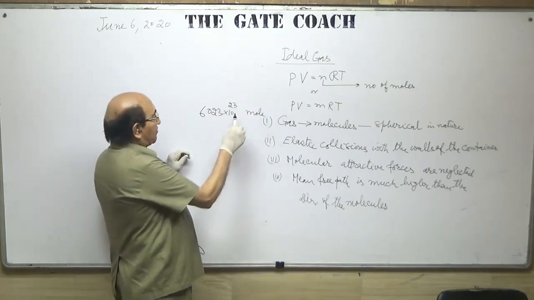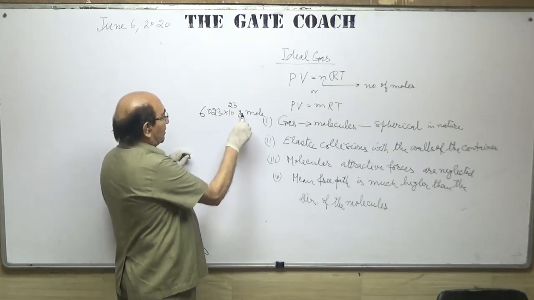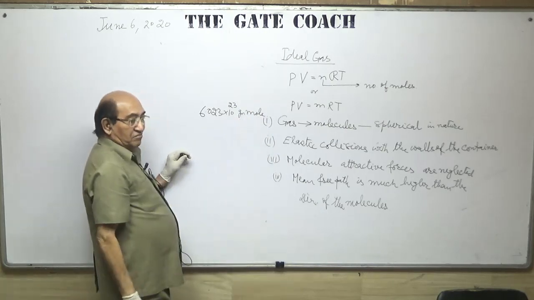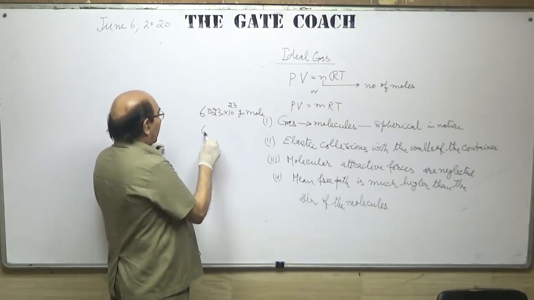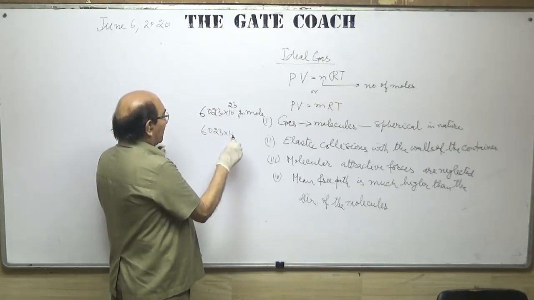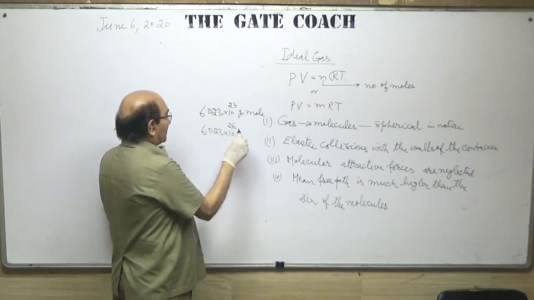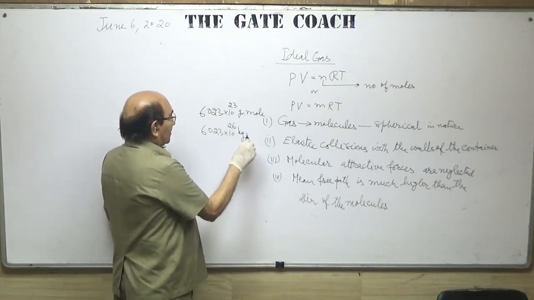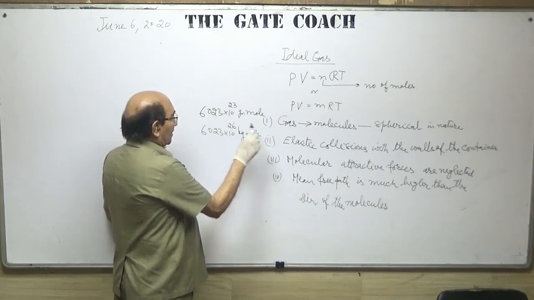When we use the term mole, we mean it is gram mole only. And if it is 6.023 into 10 raised to power 26, then it becomes kg mole.